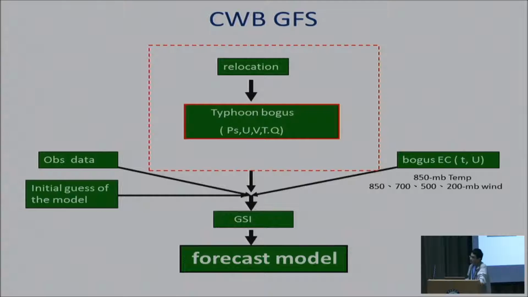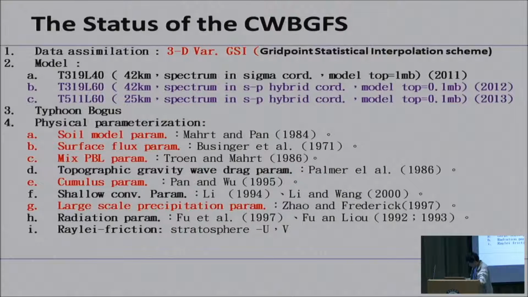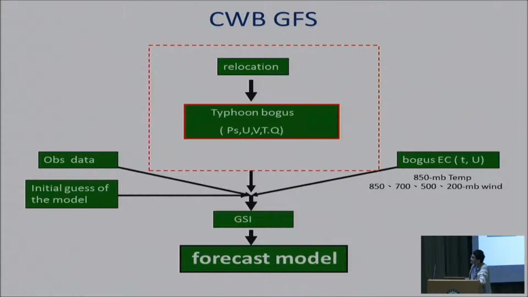Okay. This simple flowchart shows how the CCliCS GFS runs operationally. We have three kinds of data used in this CCliCS GFS. The first one is regular observation data.